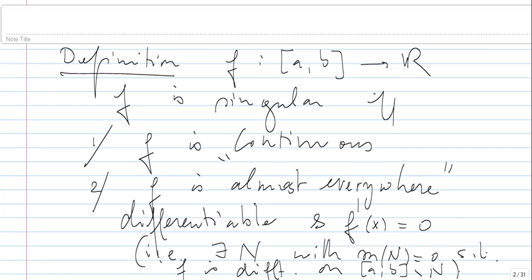So a set of measure 0, or a set which is negligible. And of course, the third condition, and this is very important, is that f is not constant.